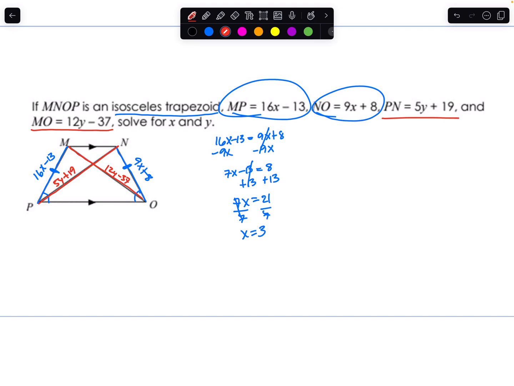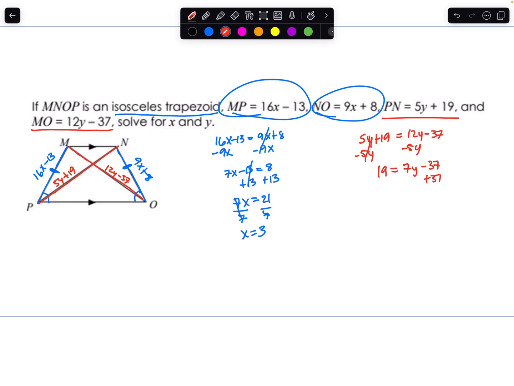The isosceles trapezoid has diagonals that are congruent, very much like the rectangle and the square. Now, since their diagonals are the same, I'm going to set up a very similar equation. 5y plus 19 will equal 12y minus 37. I can move the 5y over to combine like terms.